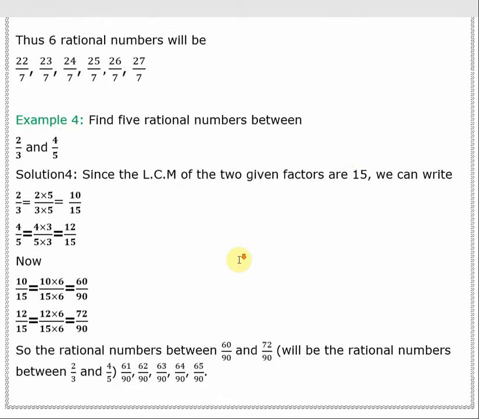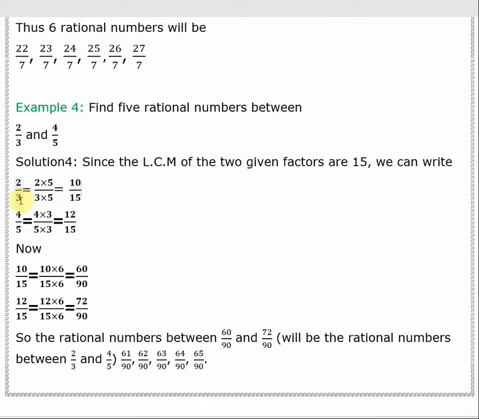So what we have to do here, we have to make this 2 by 3 and 4 by 5 denominator 15 first. In order to do so, 3 will be multiplied with 5 and here for 4 by 5, 5 will be multiplied with 3. Now we are multiplying the denominator with 5 here, so we have to multiply the numerator also with 5, because if we only multiply the denominator with 5, the value will be changed.